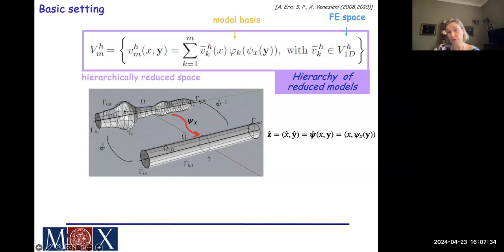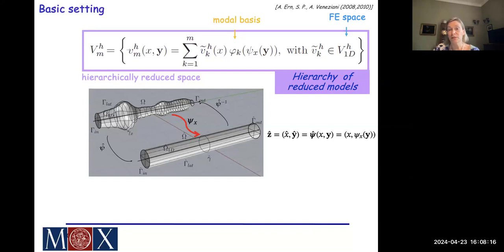And the definition of these pointwise maps psi_x induces the definition of a global map between the whole computational domain omega and what we call omega hat, which is a reference domain, a very easy context where computations are easy to carry out. The idea is to perform many of the computations you need only once in this reference context, and then play with a suitable map to move this computation into the physical domain.